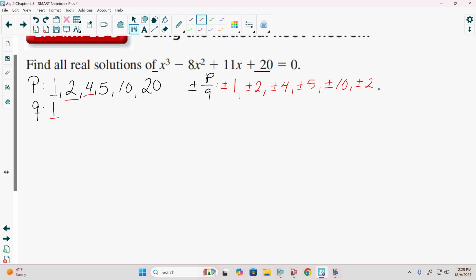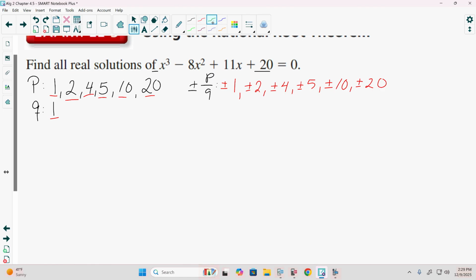And lastly, 20 divided by 1 is 20. So we take each one of these here and divide it by 1. And we get 1, 2, 4, 5, 10, 20.